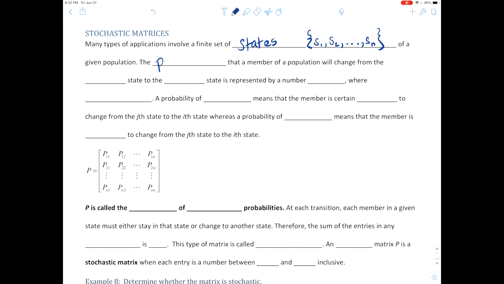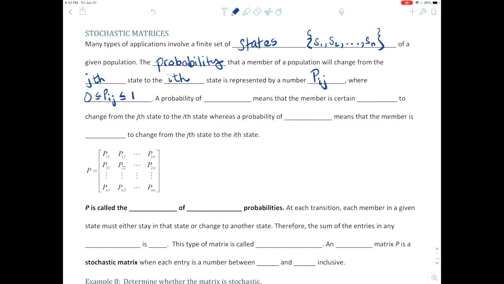The probability that a member of a population will change from the jth state to the ith state is represented by some number, capital Pij, where 0 is less than or equal to Pij is less than or equal to 1.